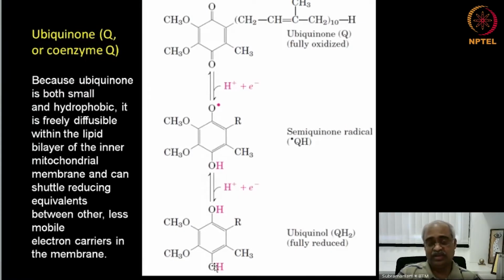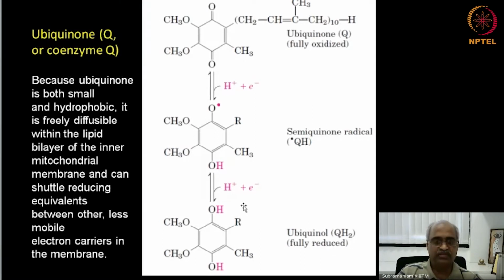If a molecule gives up only 1 electron, that is also fine: it will accept 1 to go from ubiquinone to semiquinone or from semiquinone to ubiquinol. That is an important feature for coupling 1-electron or 2-electron donors or acceptors with another electron donor or acceptor of similar nature.